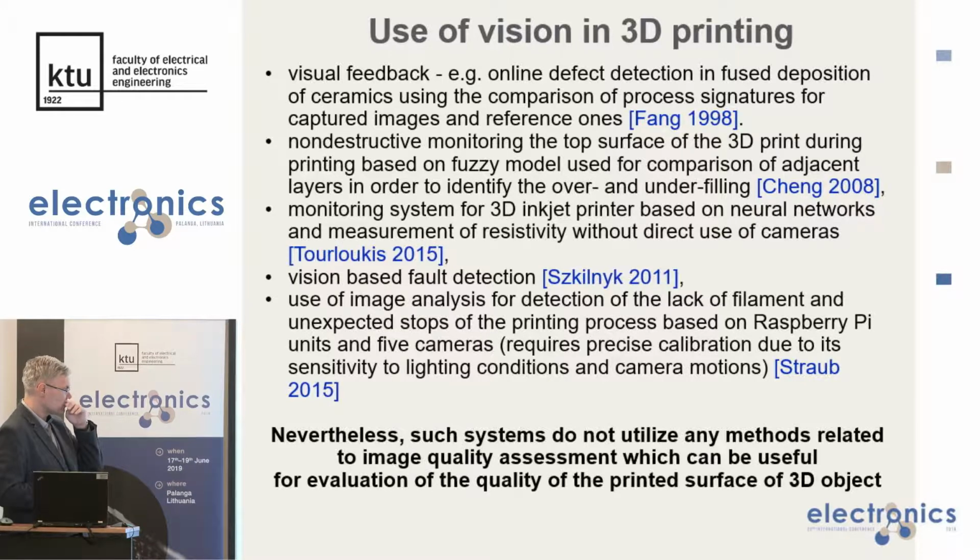Probably the most recent idea, from 2015 by Jeremy Straub from one of the American universities, was the use of image analysis for detection of the lack of filament during the printing. But to be honest, the system based on 5 Raspberry Pi units and 5 cameras was very unstable, very sensitive to changes of lighting conditions, even to small motions of the cameras.